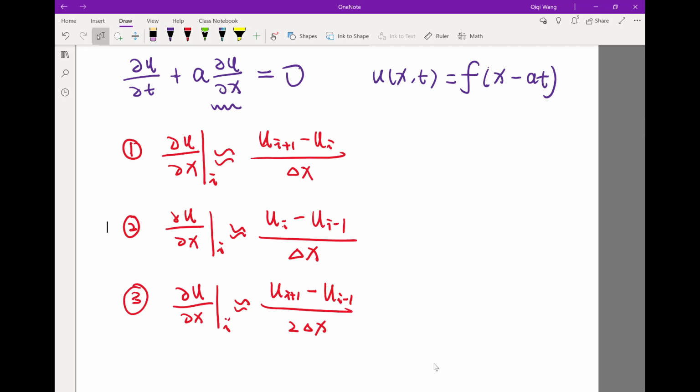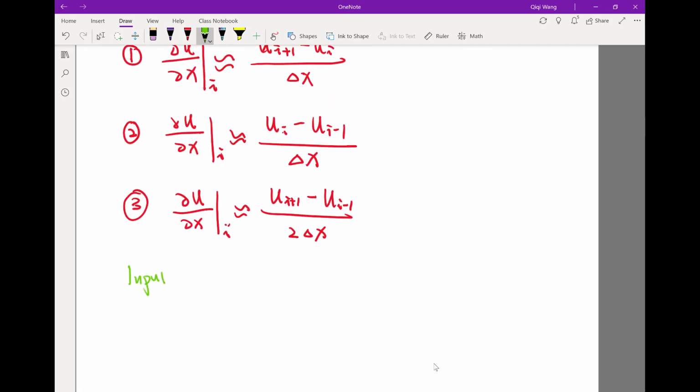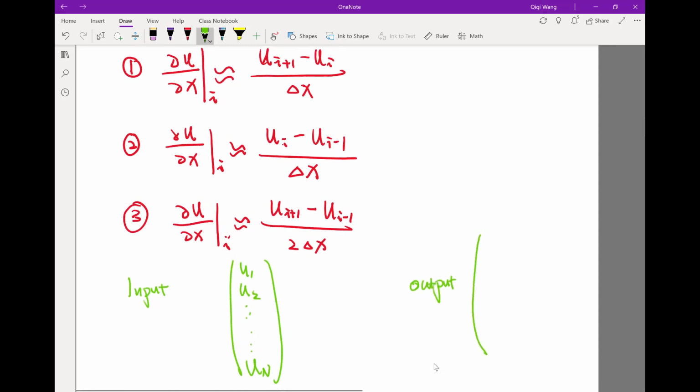The output is a vector of approximate derivatives also at every grid point, right? So basically I have the input being u1, u2, etc. up to un. Let's say I have n grid points. And I have an output, that is my approximate derivatives, right?